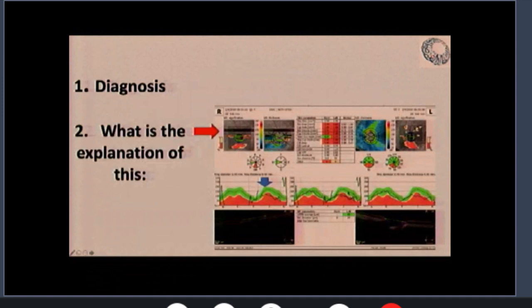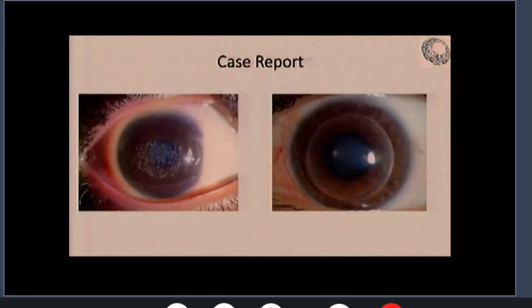What is the diagnosis? First question. And what is the explanation for what the red cross is marking? You see it here. The left has the graft, the right has the pathology, not transplanted yet.